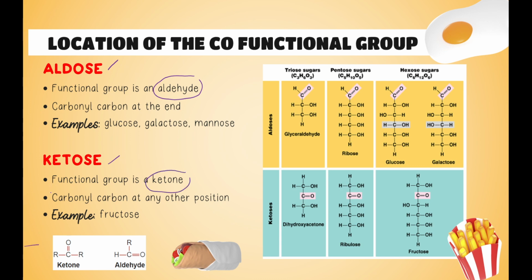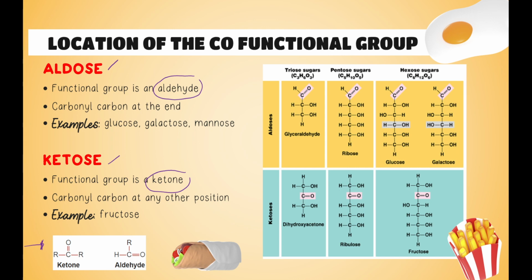Now look at our image here at the bottom, which represents what our functional groups look like. Recall that there are a lot of functional groups in our body and that was also discussed in your biochemistry. But here, let us just focus on your ketone and your aldehyde.